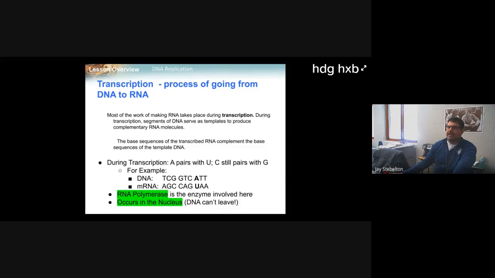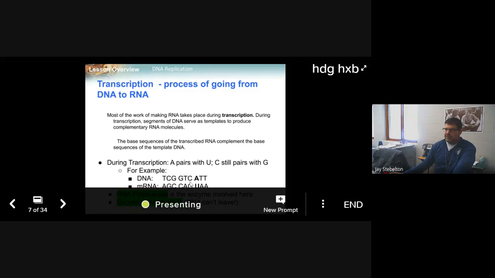The same thing happens with the messenger RNA. Once this message is transcribed, that's transcription. Once it's transcribed from the DNA, whoop, it leaves the nucleus and goes through the cytoplasm to different parts of the cell, and it finds ribosomes.